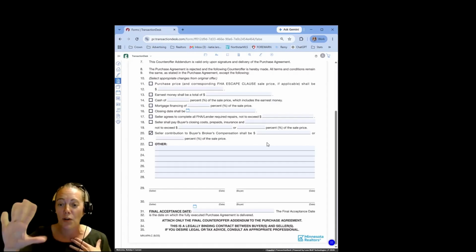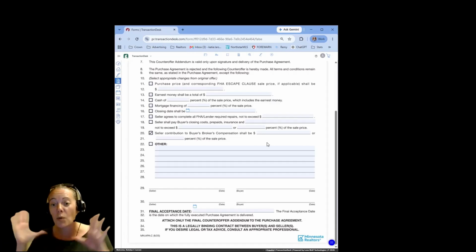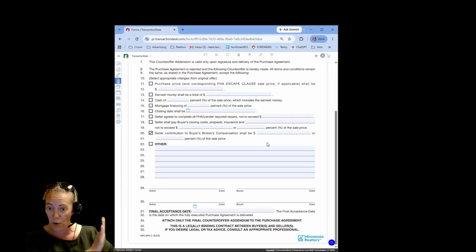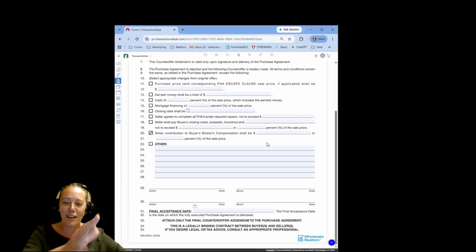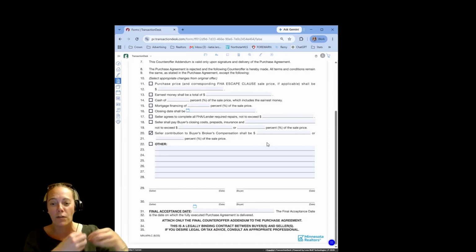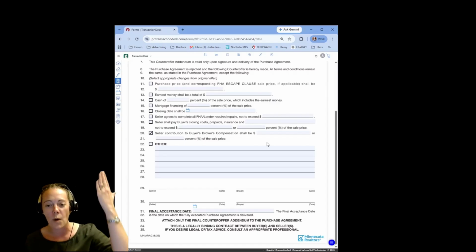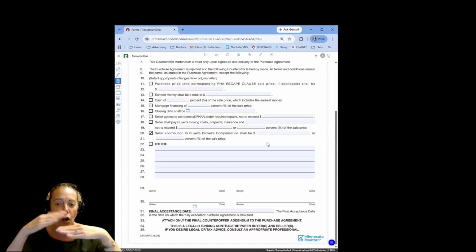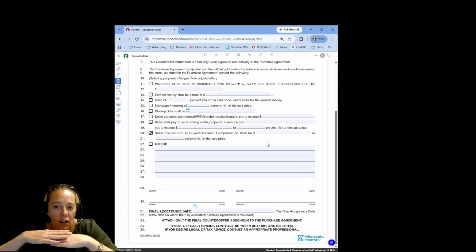It was coming from the listing broker, not from the seller. And so it doesn't need to be in the purchase agreement because we have the cooperating broker agreement between broker to broker, right? So we would have to counter the offer to take that commission out of the purchase agreement, because if you have a cooperating broker agreement and you agree to pay them in the purchase agreement, those stack on top of each other. You add them together. Okay.